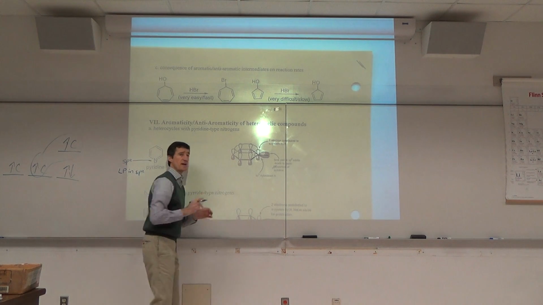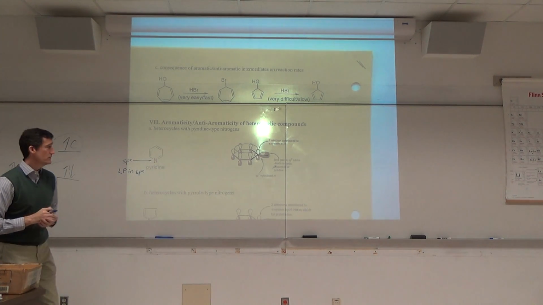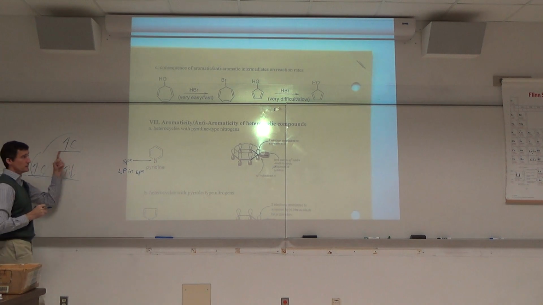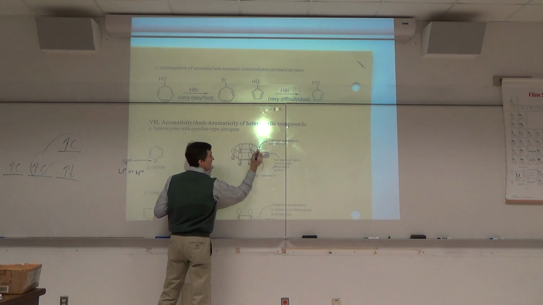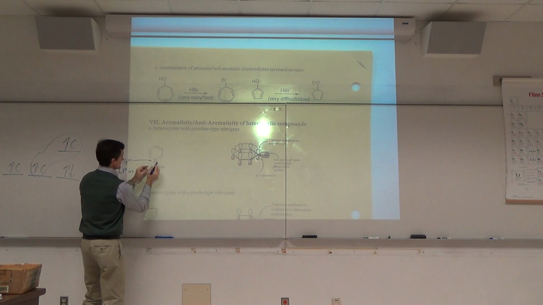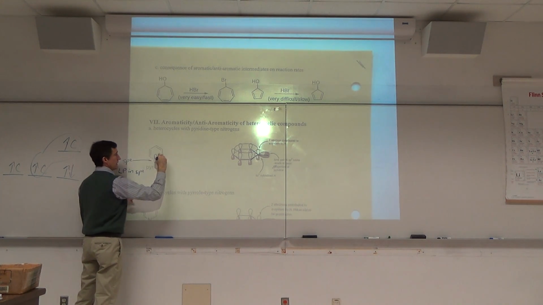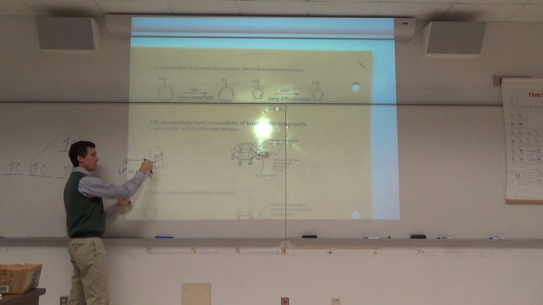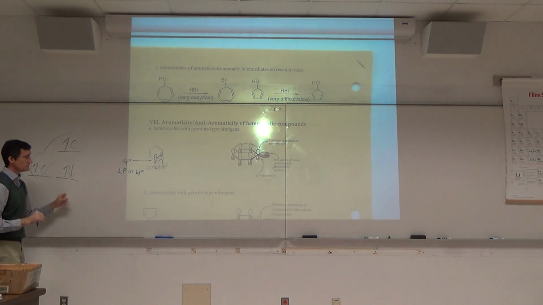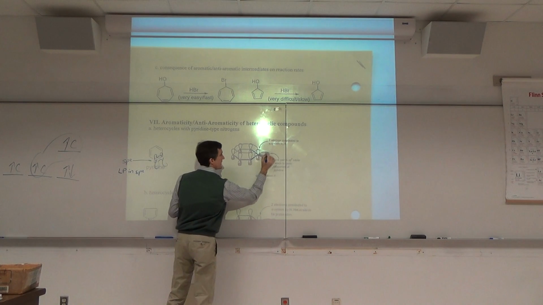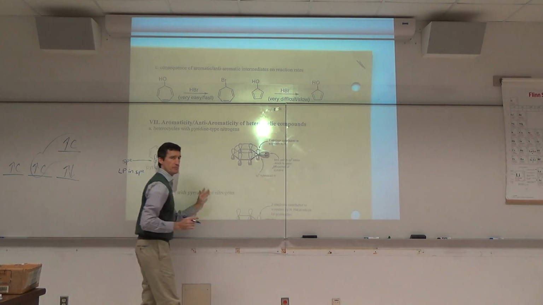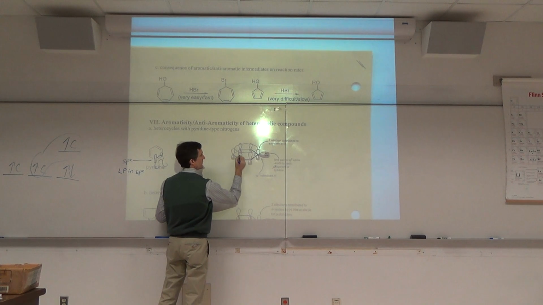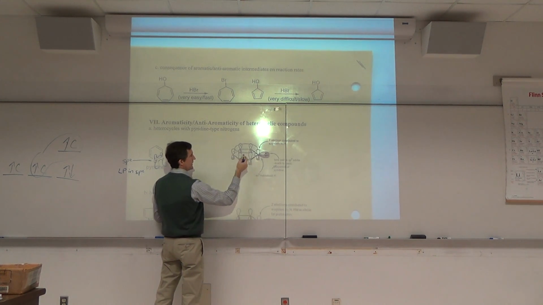How many electrons in the nitrogen p orbital? One, because one electron makes the pi bond. That's the pi bond you see there. The lone pair is in the hybrid. The lone pair is out here in this hybrid that's perpendicular to the pi system. Every other p orbital has one because there's pi bond, pi bond.